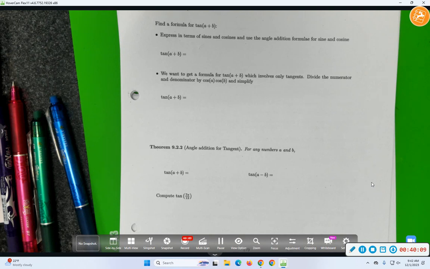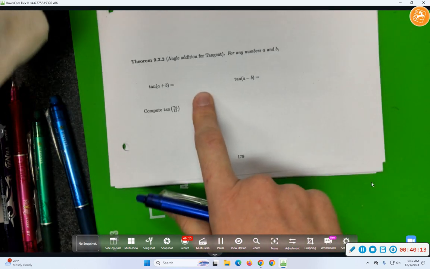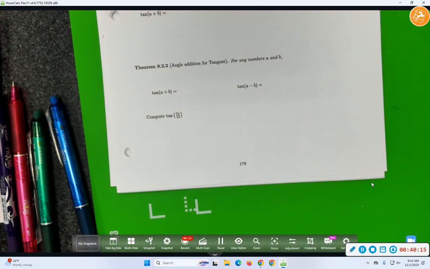I'm going to skip where it comes from and jump down to the bottom of the page where the formula for angle addition for tangent appears. So here are some formulas. I think I'm going to approach this page roughly starting at the bottom and going up, which is counterintuitive.